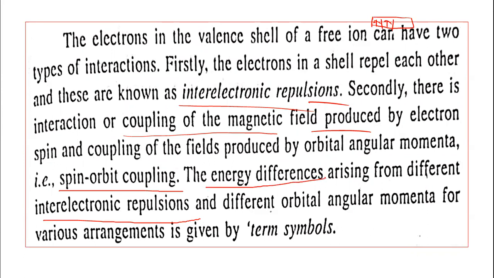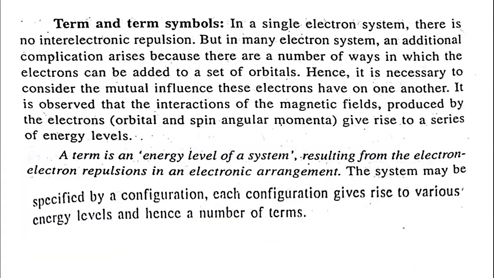The energy differences arising from the different inter-electronic repulsions and different orbital angular momenta for various arrangements are given by the term symbol. How can we obtain the term symbol? The term symbol gives the energy differences arising from different interelectronic repulsions and different orbital angular momenta for various arrangements.